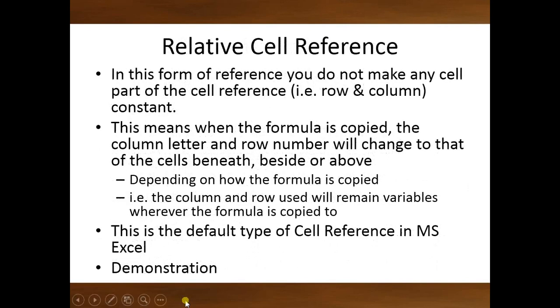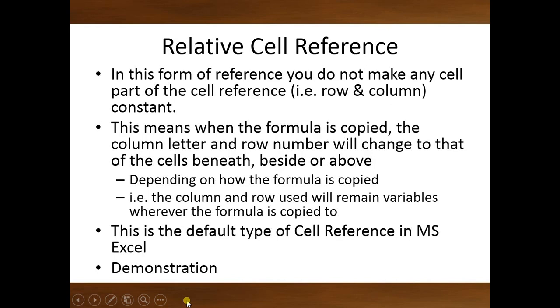Let us look at relative cell reference. In this form of cell reference, you do not make any cell part of the cell reference, that is, neither the row heading nor the column heading, constant.